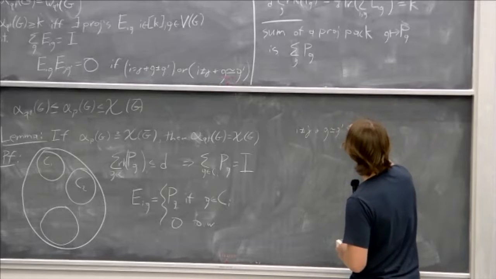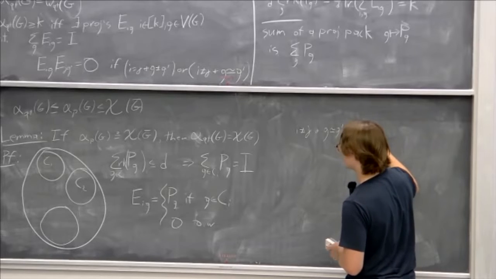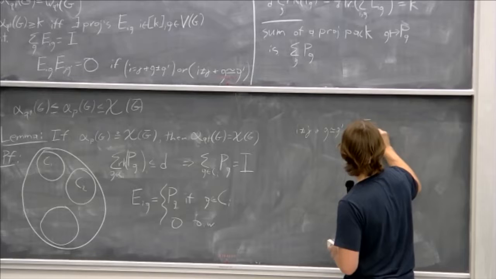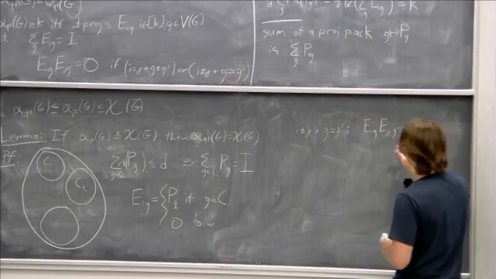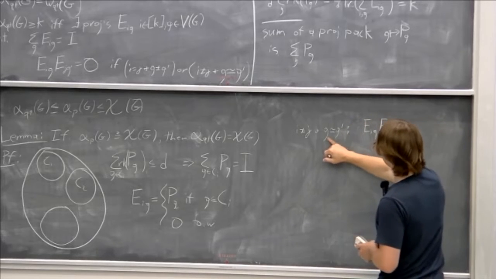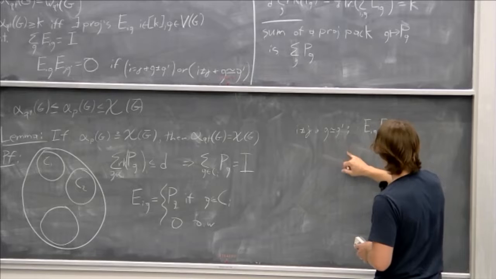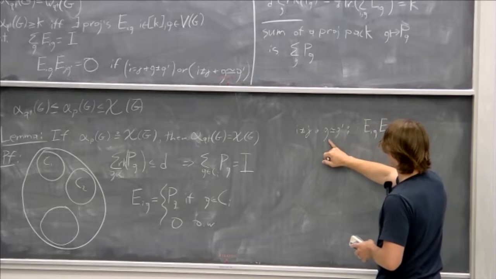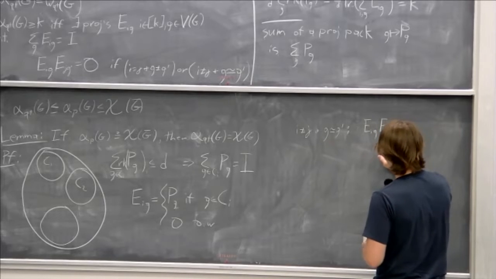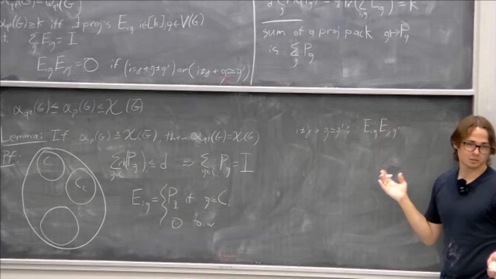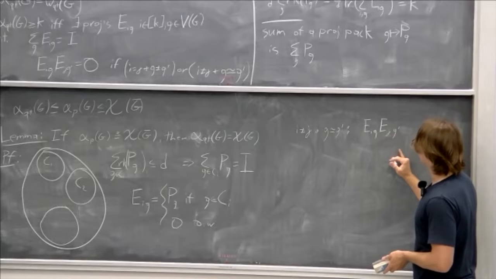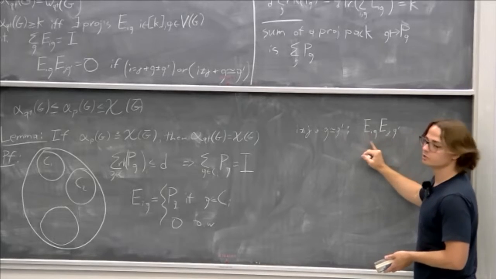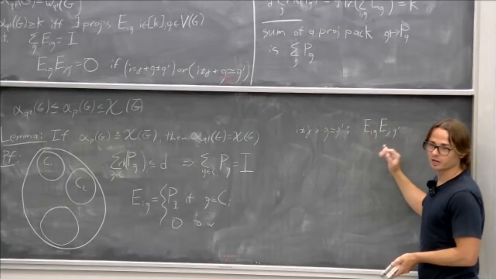So in this case, if I take E_{i,g} times E_{j,g prime}, well, if g and g prime were equal, then they're the same vertex, so at least one of these has to be 0, because i and j are not equal.